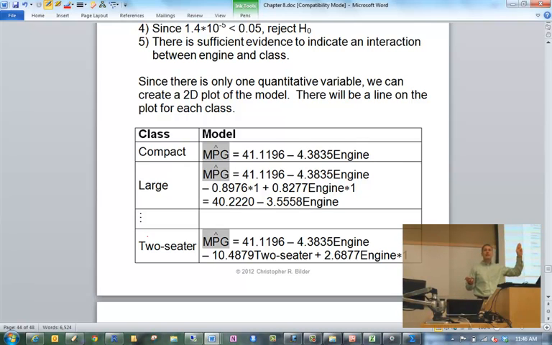But no, that's not true. Since one of these variables is qualitative in nature, I can condition on a value of the category, in this case for class, and then graph this in 2 dimensions, MPG versus engine. In particular, let's look at the compact class of a car.